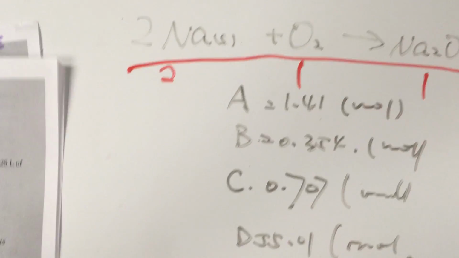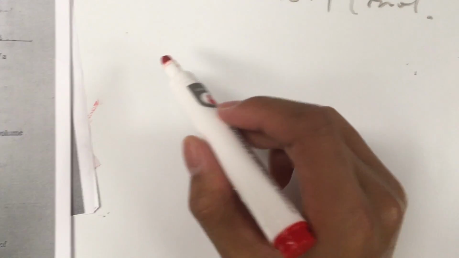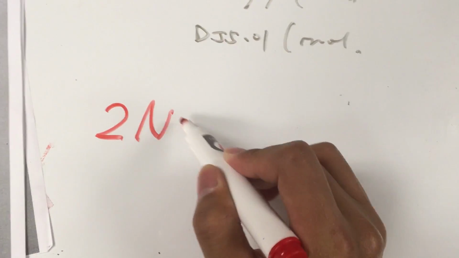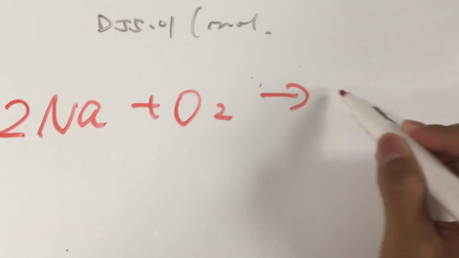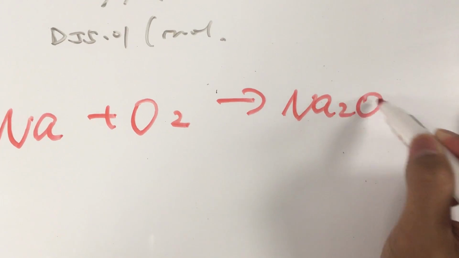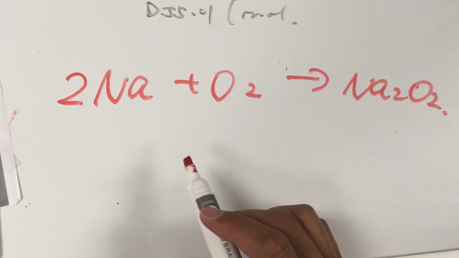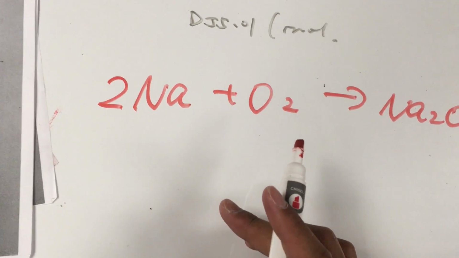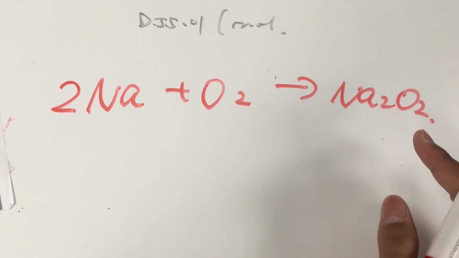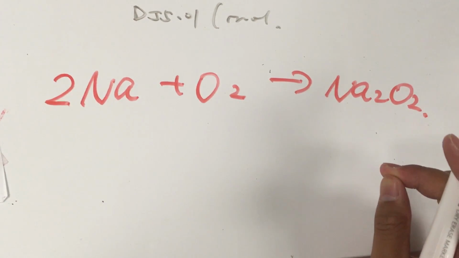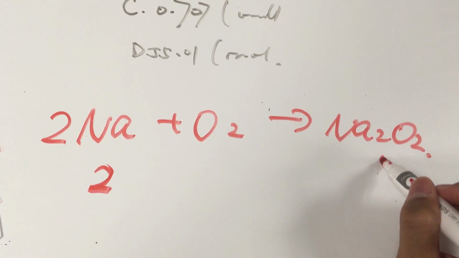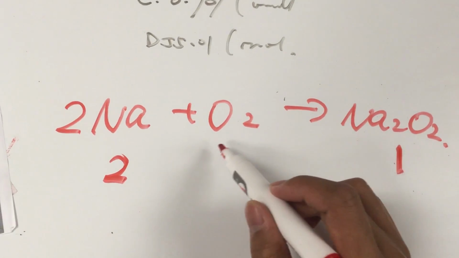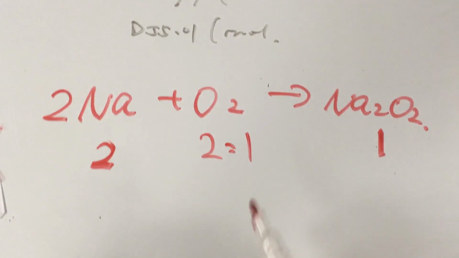Okay, as we know, we need to copy this first. So we can see the product side and the reactant side have a different mole ratio. This mole ratio is 2, this is 1, so the mole ratio is 2 versus 1.